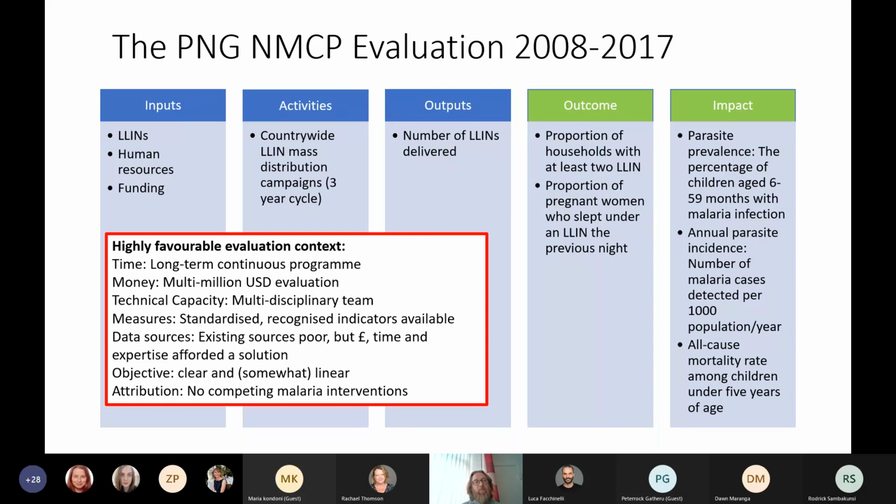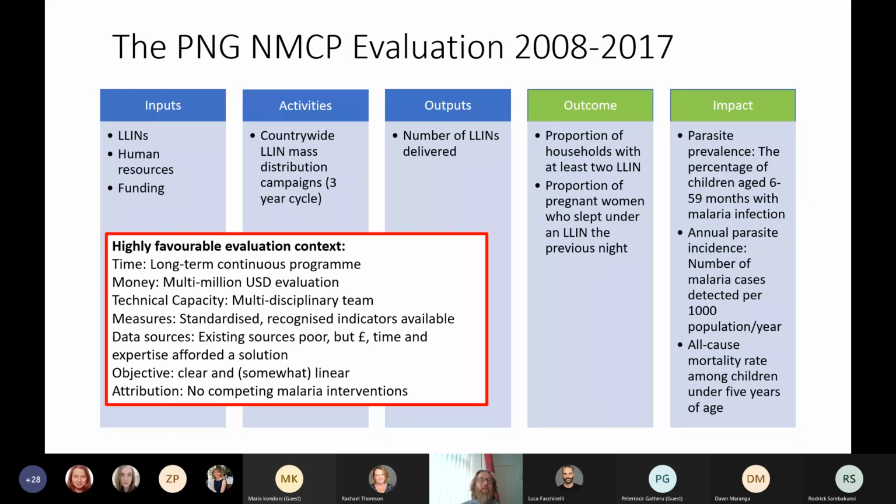Equally, when your objectives are not clear, when you're talking about very complex interventions where the pathway from your inputs and activities is perhaps not so direct in terms of your anticipated impact, this model may not be appropriate. Equally, if your project is quite small or there are many different interventions operating in the same space, the idea of looking for attribution may also not make sense.